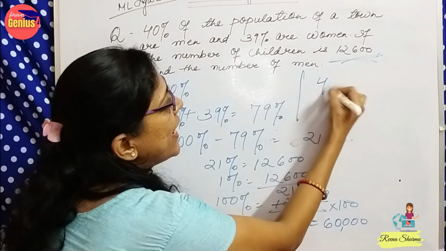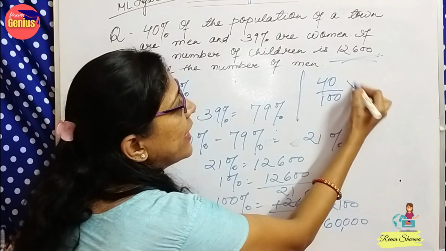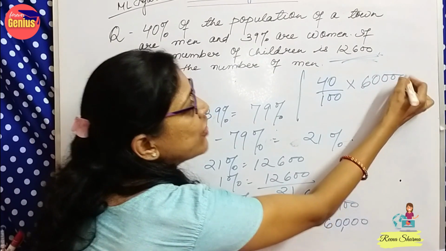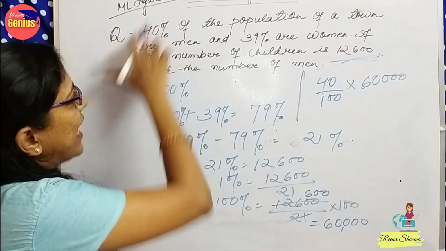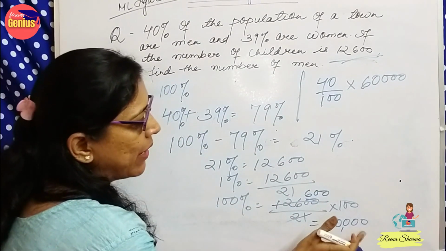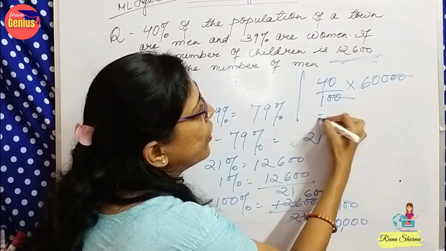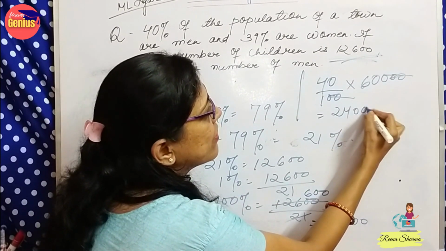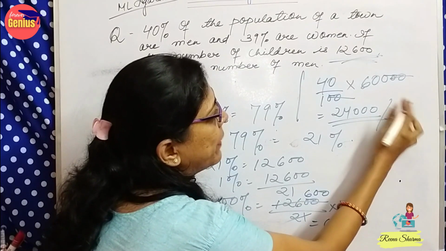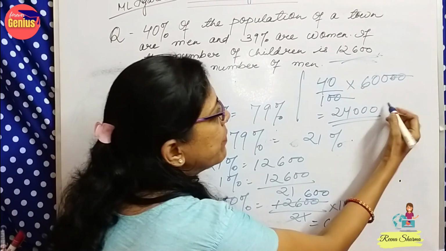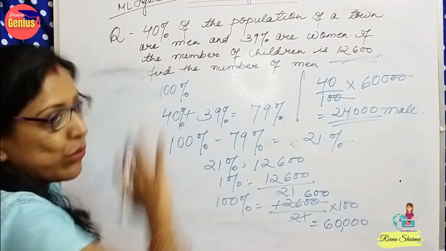So 40 by 100 into 60,000, which we did in the formula. If a fraction is given out of the given number, how to find out the value? So it is coming to 24,000 will be the male members in the town.